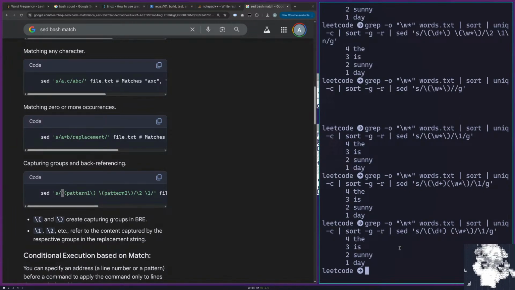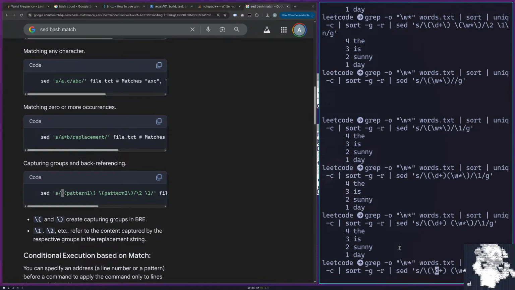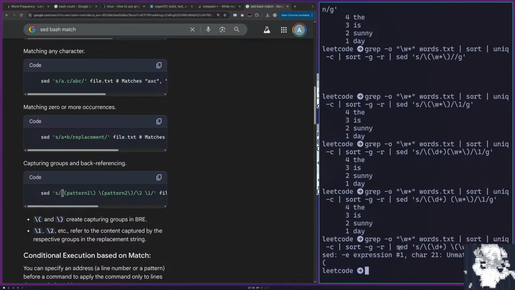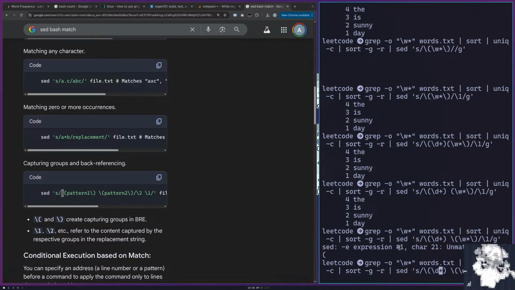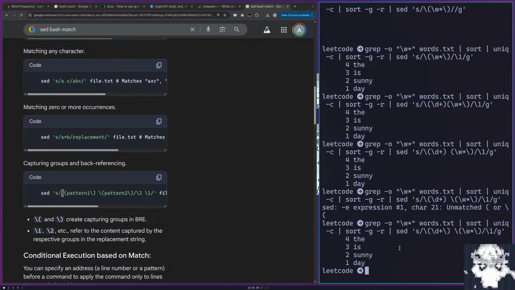I should be capturing the digits in the words and then only printing the digits. I guess I forgot that. I forgot the parentheses.